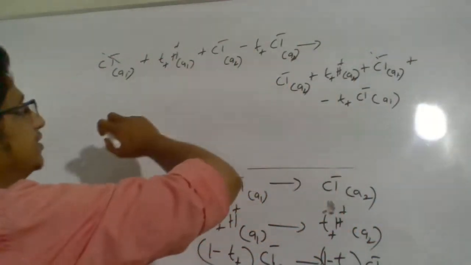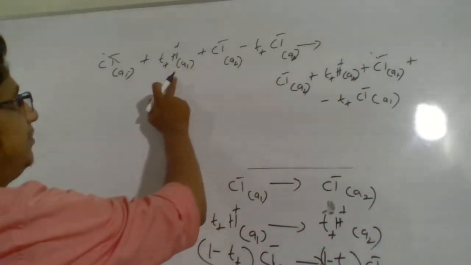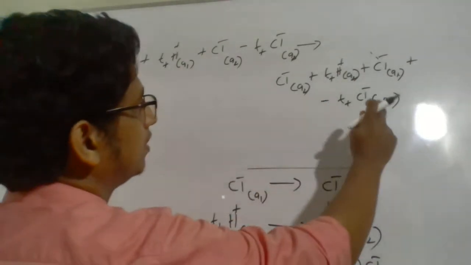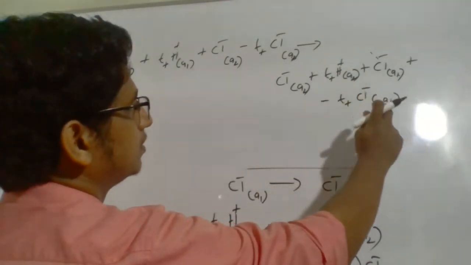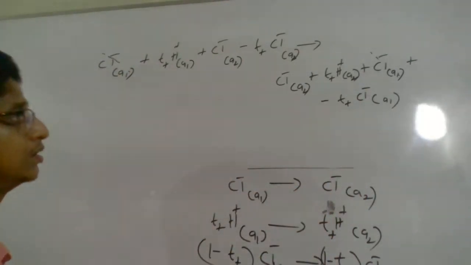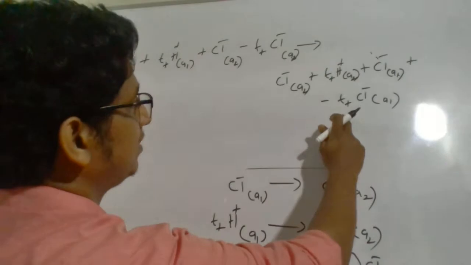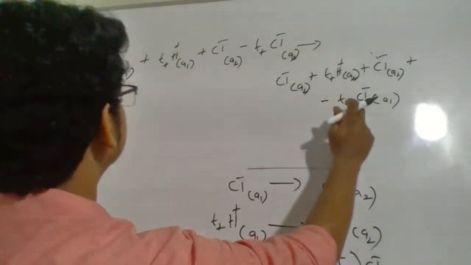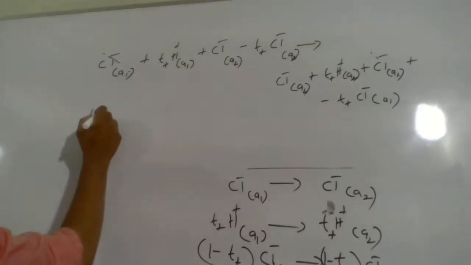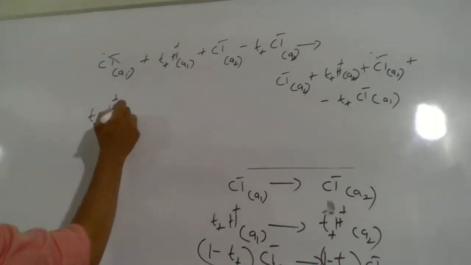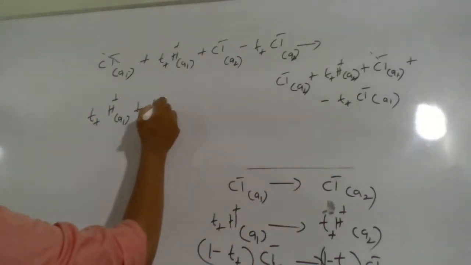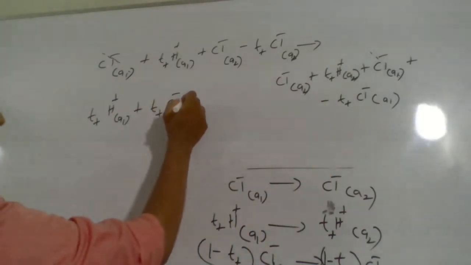T plus H plus A1 is there, and here T plus Cl minus A1 is there, so let us take this to this side, so you will get T plus H plus A1 plus T plus Cl minus A1.